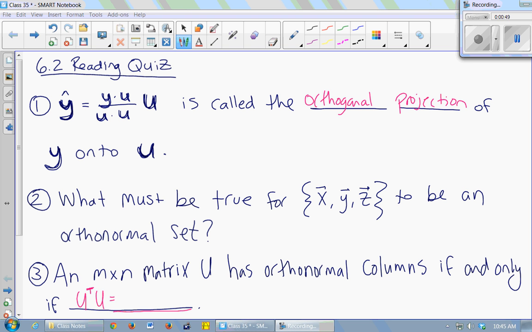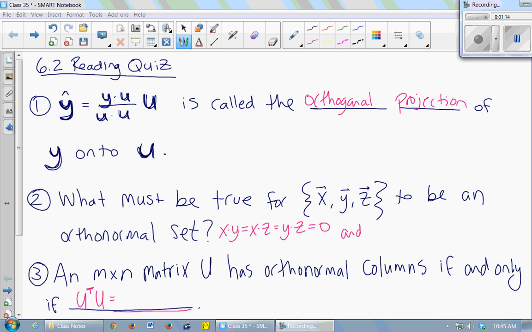Orthonormal set means they have to be all normalized to the unit vector. So you could say x dot y, x dot z, and y dot z all have to be 0, because that will tell you that it's orthogonal. You could also write they're all orthogonal to each other. That's fine.